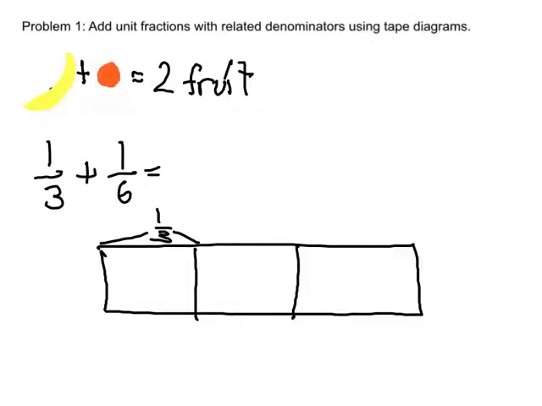Well, then what I can do is I can look at this and I want to make my sixths. If I want to make my sixth, this is 1/6. So I know that if I want to change this third into sixths, 1/3 now would equal 2/6. So I can add this up by doing this now.